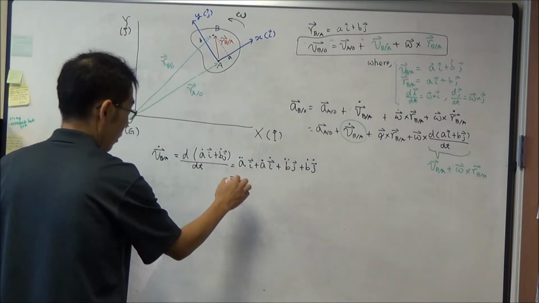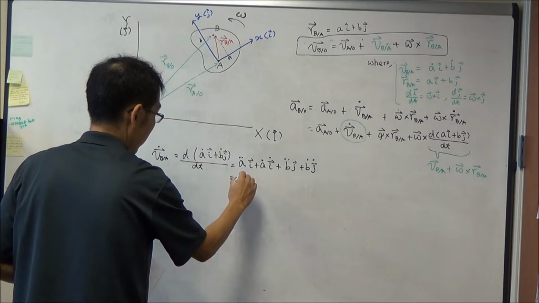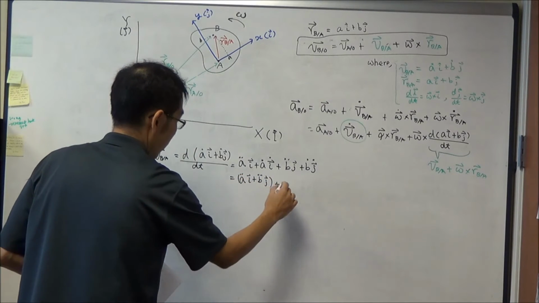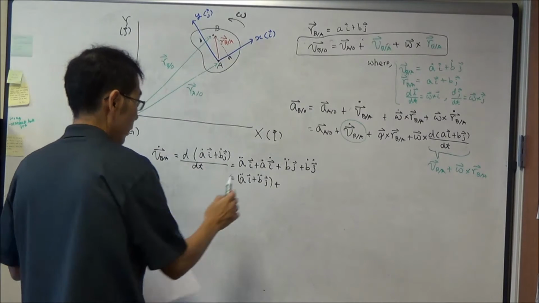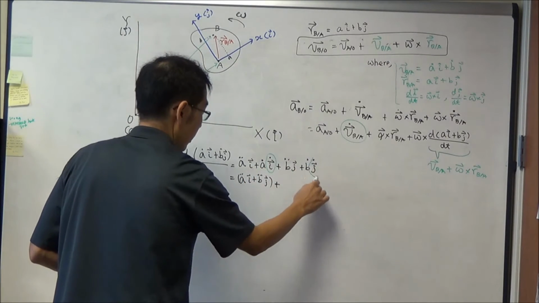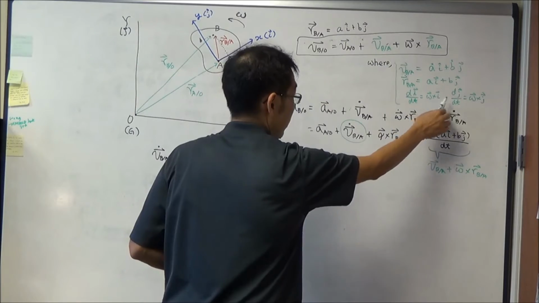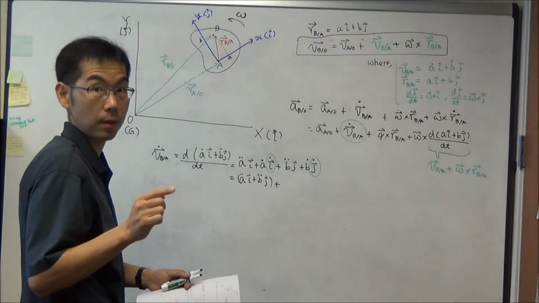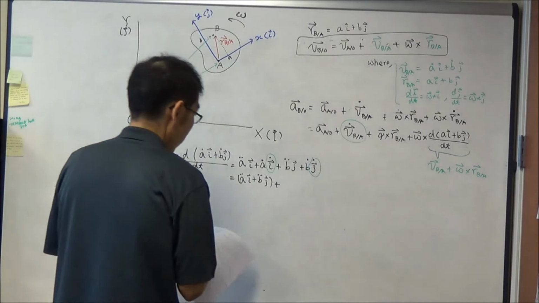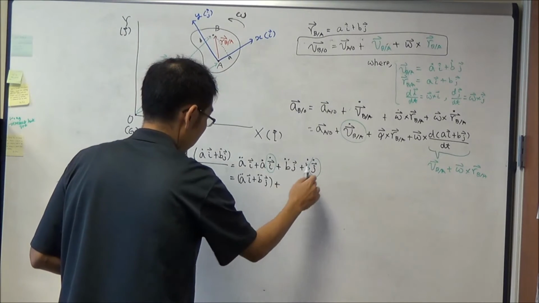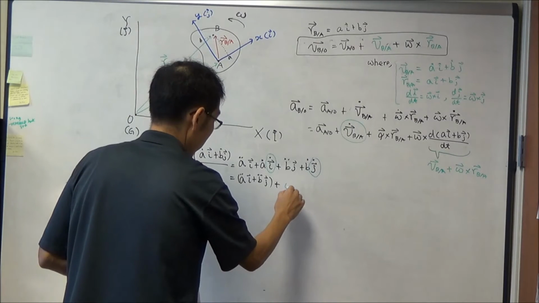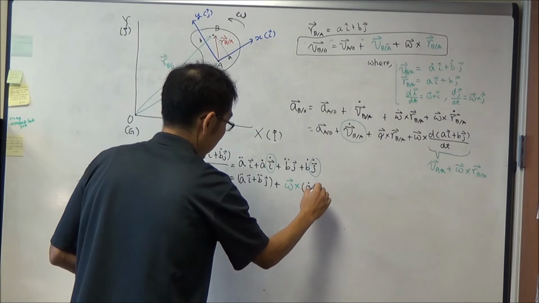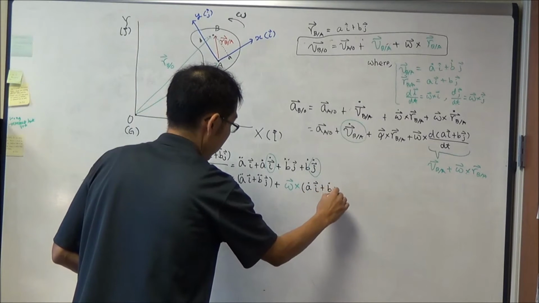So a-double-dot i plus b-double-dot j, and plus we know that this i-dot and j-dot can be replaced by omega cross product i and omega cross product j. So we can write this one as omega cross product a-dot i and b-dot j. Okay?